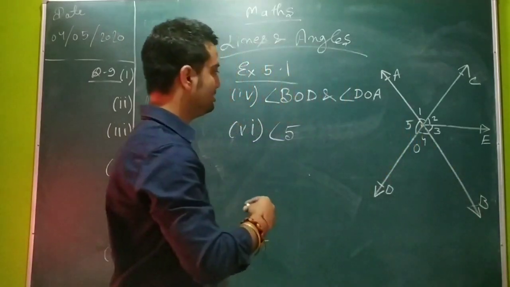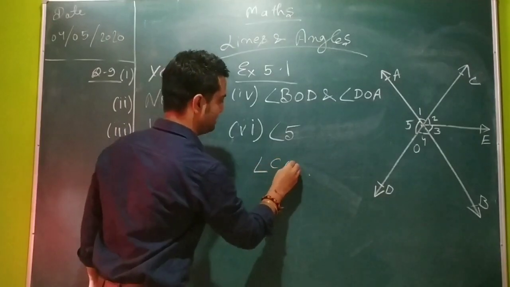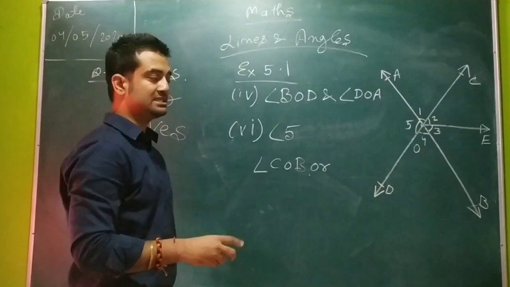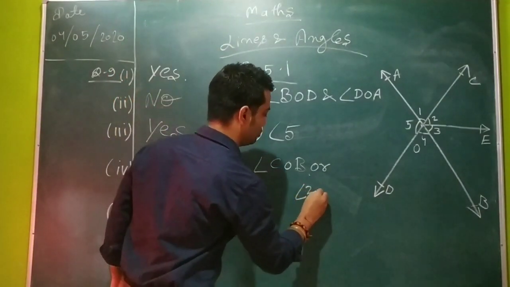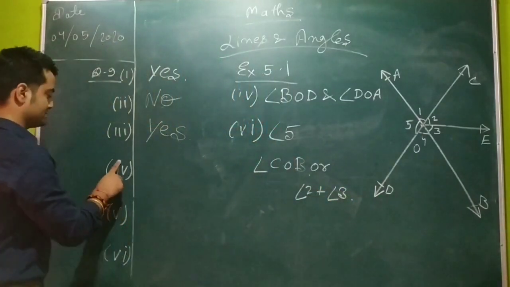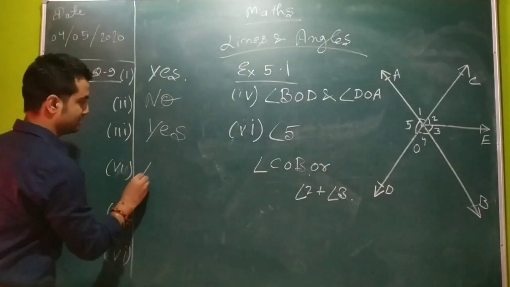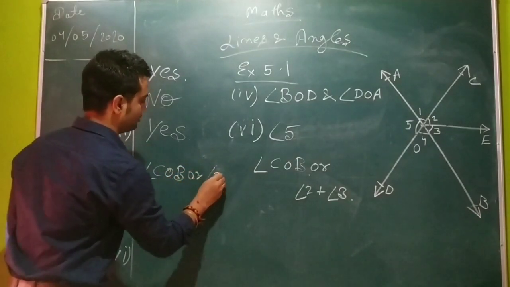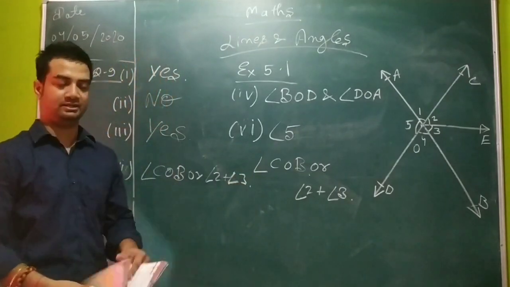So the vertically opposite angle of angle 5 will be angle COB, with the line segment OE dividing it into two parts. We can also call it angle 2 plus angle 3. So, the answer is angle COB or angle 2 plus angle 3.